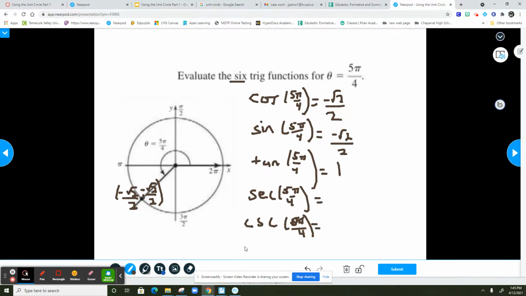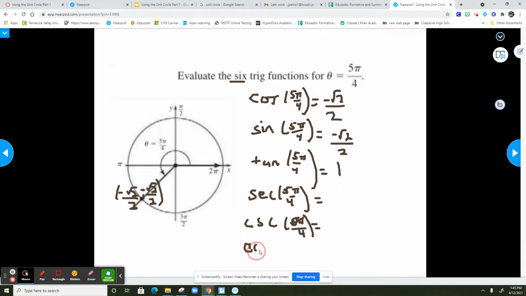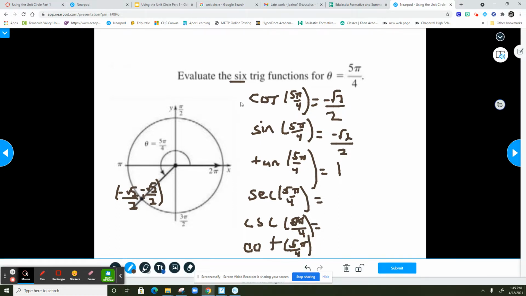All right, and those should be pretty easy now that we have those down. This part should be pretty easy because we just have to do the reciprocals of those answers provided to us. Okay, so what's the secant again?